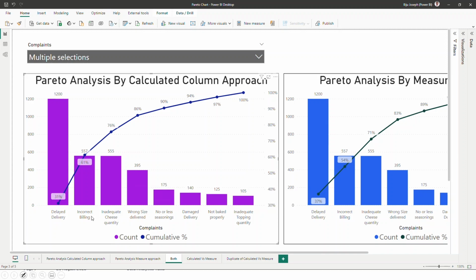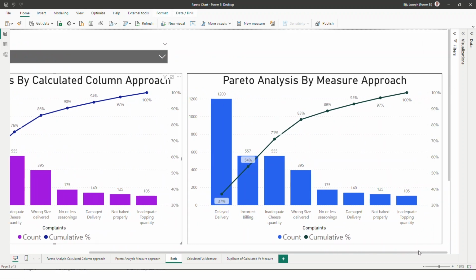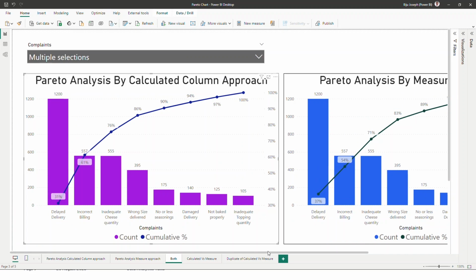Incorrect billing is at 61% in the calculated column approach solution, but it is 54% here. See, a recalculation happened for the measure approach, not for the calculated column approach.